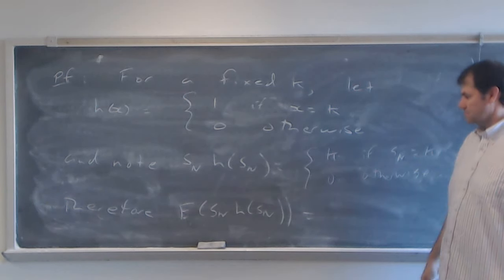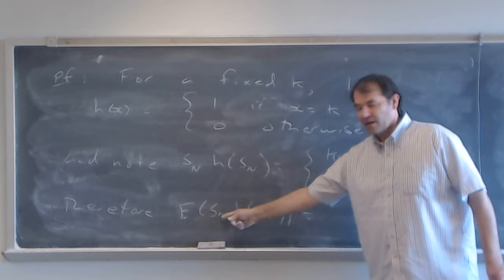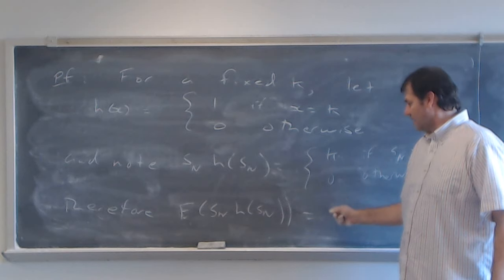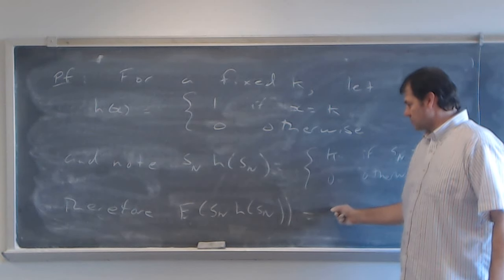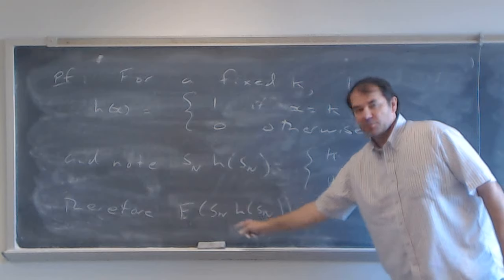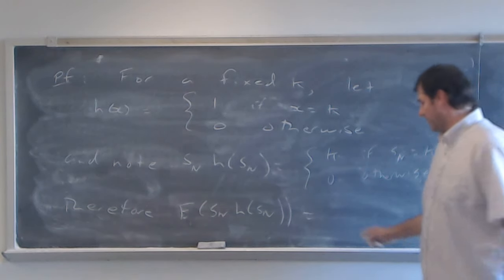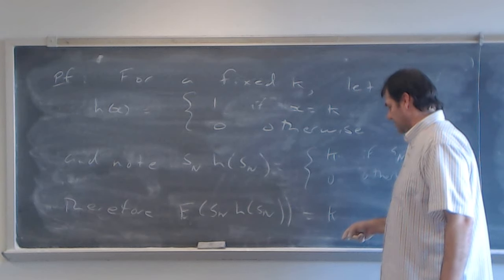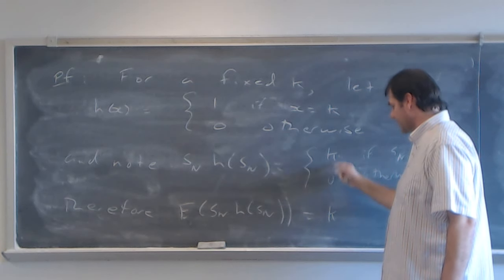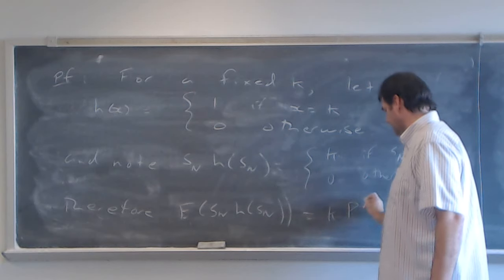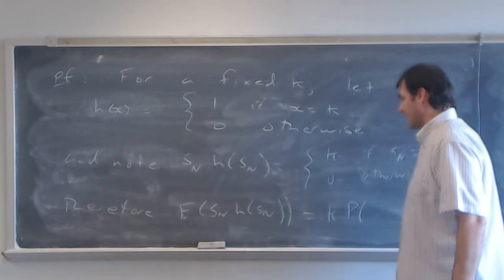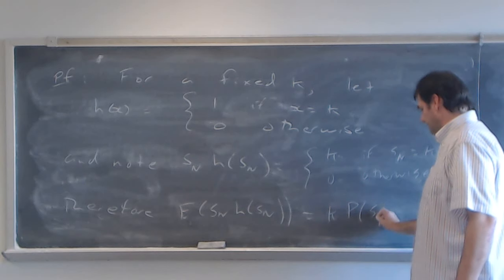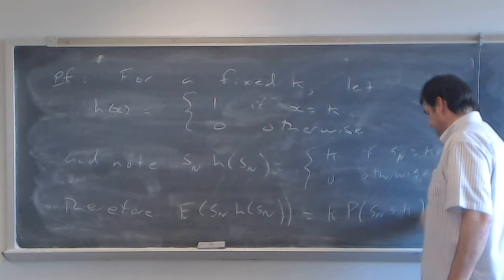Remember, it would be the sum over all of its output values, 0 or k, of those output values times the chance of getting those output values. So here it's 0 times f of 0, which is 0, plus k times f of k. So that's k times the probability that this is equal to k. And when is that equal to k? That's when S of N is equal to k.